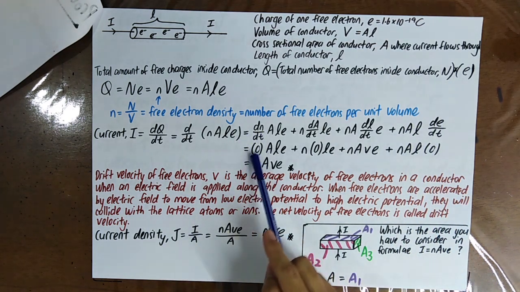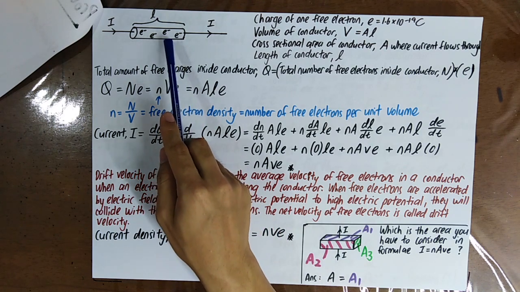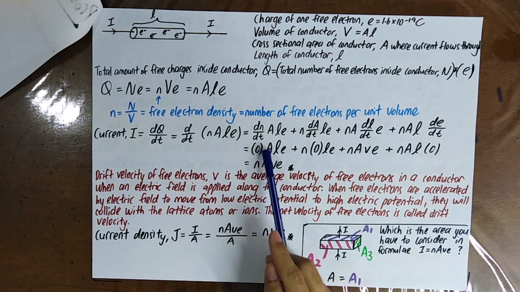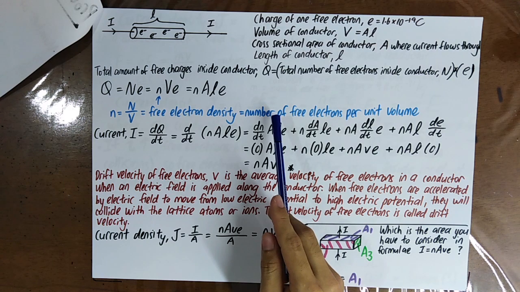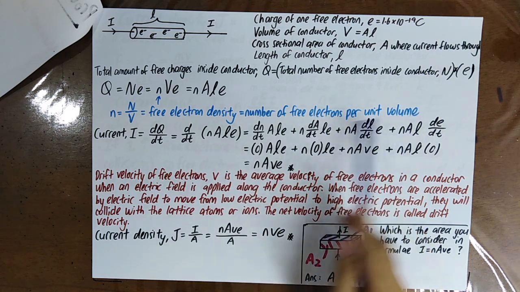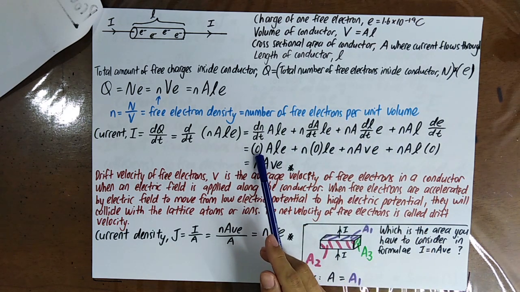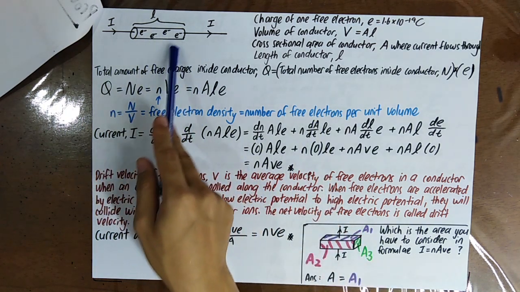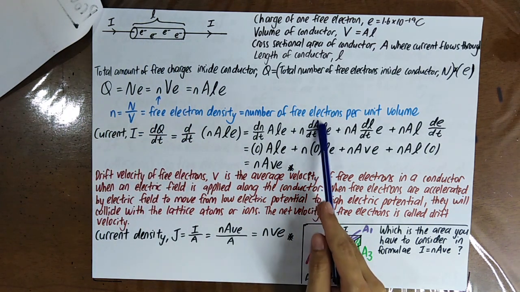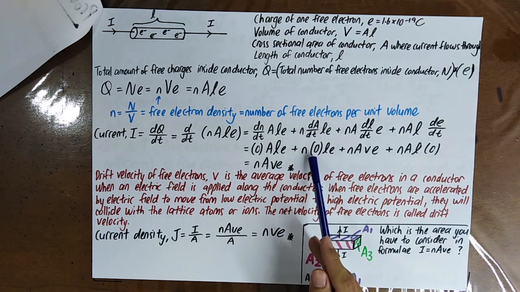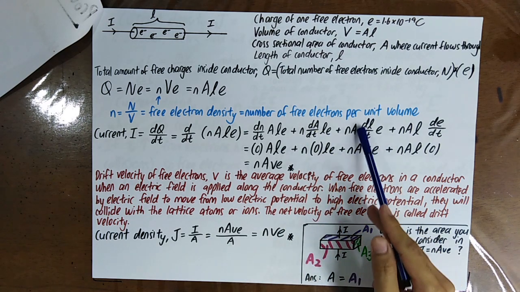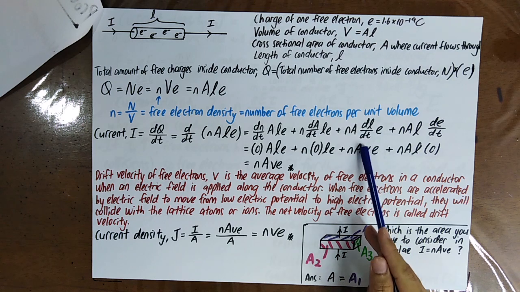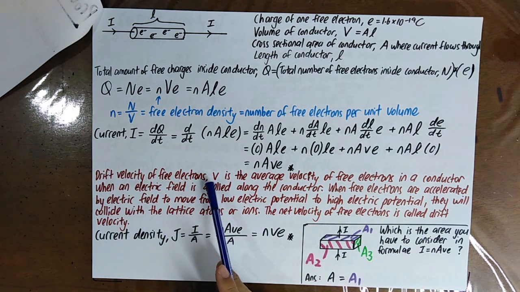Normally for a certain conductor, the number of free electrons per unit volume, n, is a constant, and therefore dn equals 0. For a conductor of constant area, dA is also equal to 0. dL over dt is equal to v, where v is the drift velocity of free electrons.